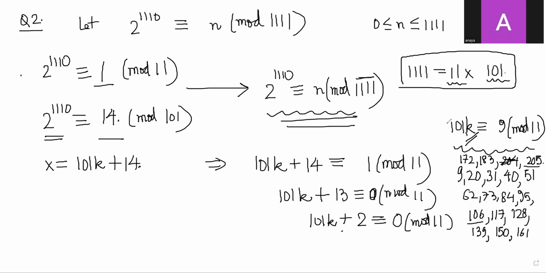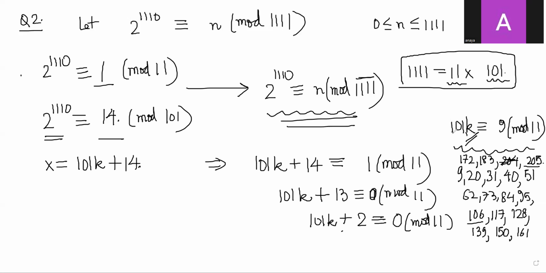Then it will be 403, then 502, 601, 700, then 799, 898, 997, and 1096, 1194.